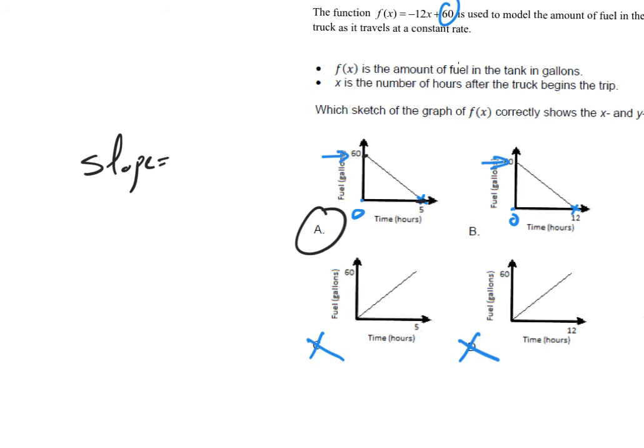The slope is rise over run. Going from this point to this point, I go down by 60, so it's negative 60, and I go to the right by 5 units, from 0 to 5. Negative 60 over 5 is negative 12. That's another way to calculate the slope, and that's why the answer is A.